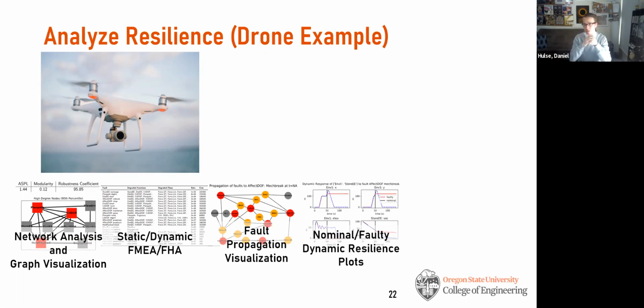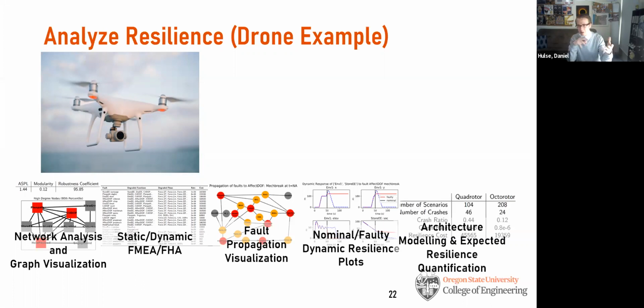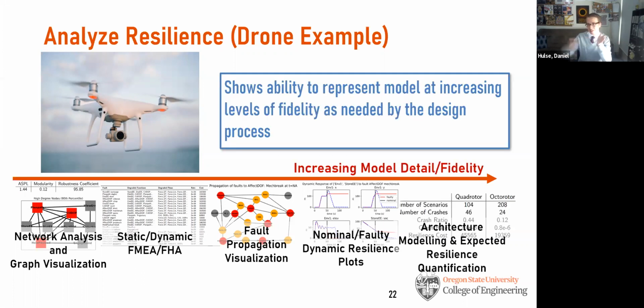And then of course, we're wanting resilience, so looking at the nominal and faulty plots of system performance over time. And then finally, expected resilience quantification. And in our example of this that we have in the chapter, we use this to compare different architectures. And what I want to illustrate in this example is that we have this ability to represent the model at increasing levels of fidelity as we need to by the design process.